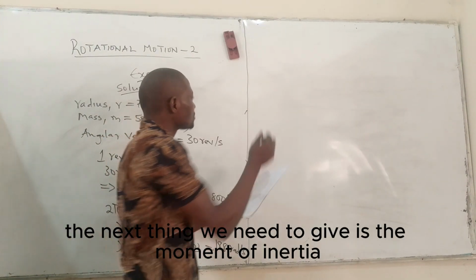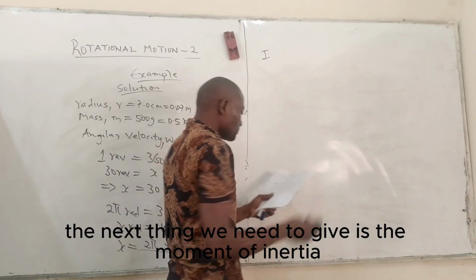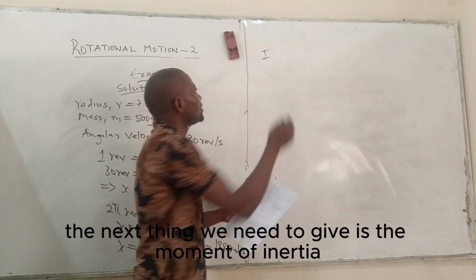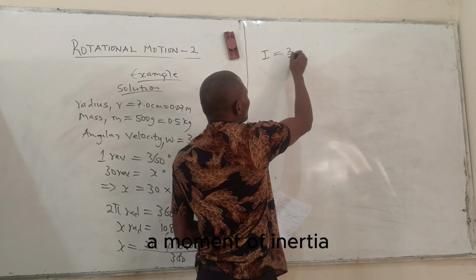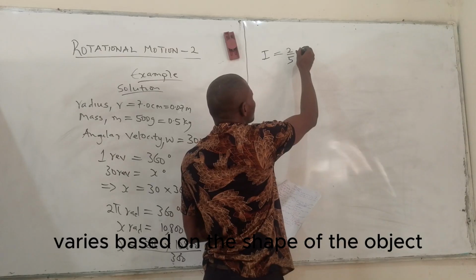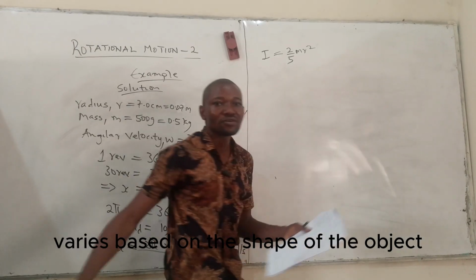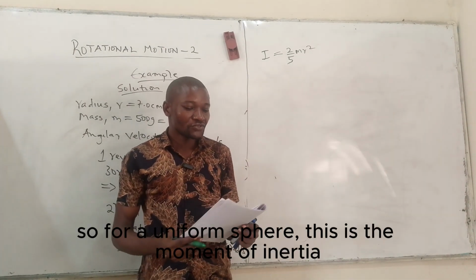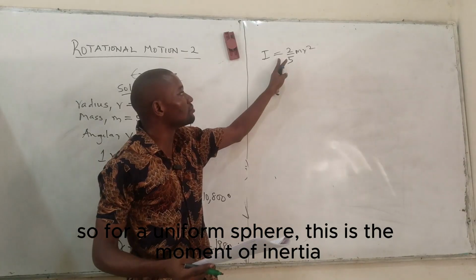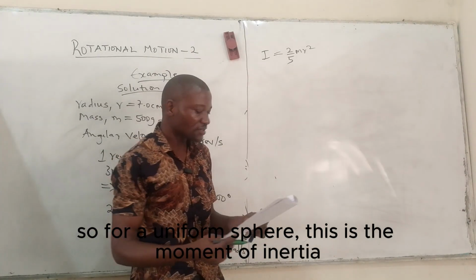The next thing we need to get is the moment of inertia. A moment of inertia varies based on the shape of the object. So for a uniform sphere, this is the moment of inertia.